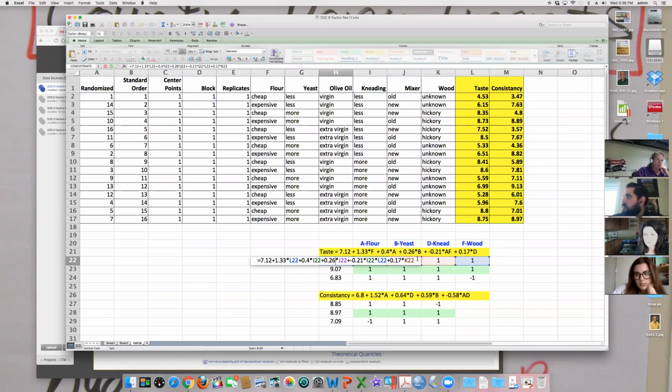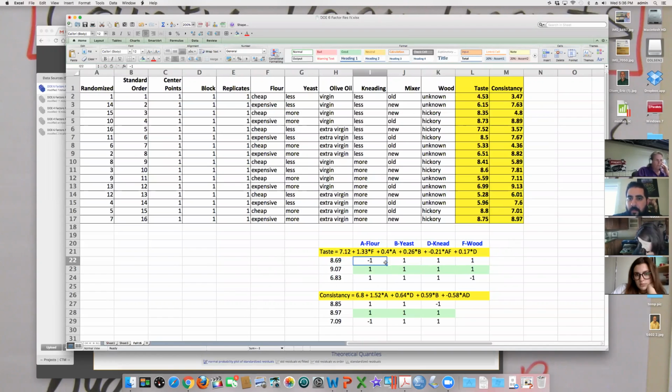And in each one of these cells here, I've created essentially a formula that replicates that model, right? When I'm entering into this formula, cheap flour would be a -1, and expensive flour would be 1.